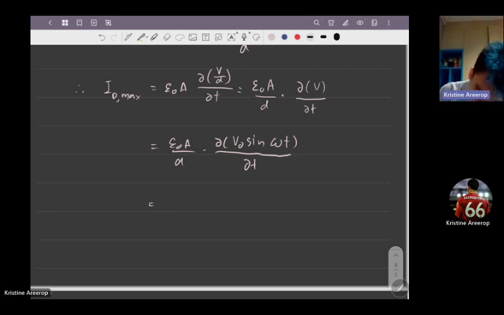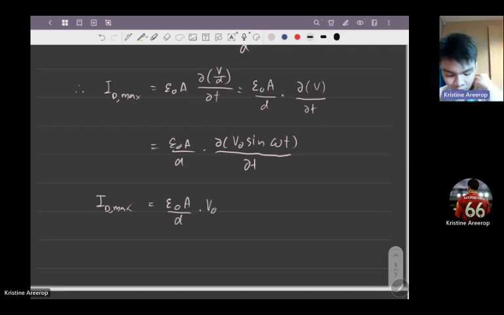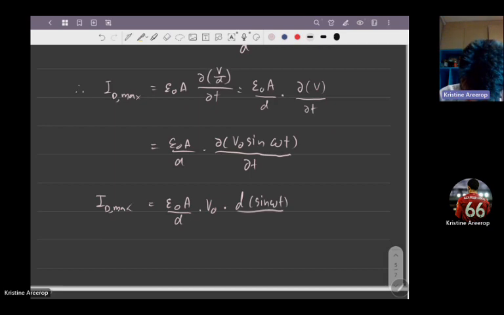Then I_d max equals epsilon 0 A V0 by d multiplied by the derivative of sine omega t by dt. Now it's only one variable.